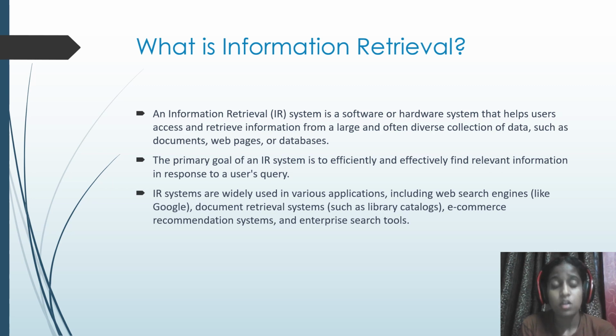In short, information retrieval is the process or technology involved in storing, structuring, analyzing, searching, and retrieving information from databases or other diverse collections of data. The primary goal of an information retrieval system is to effectively and efficiently find the relevant information in response to a user's query.